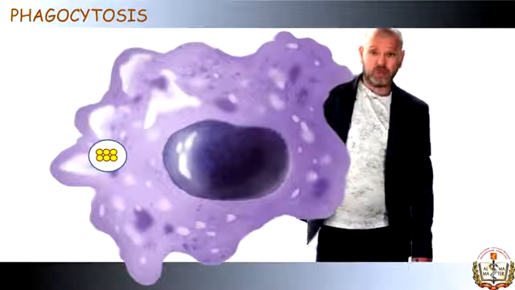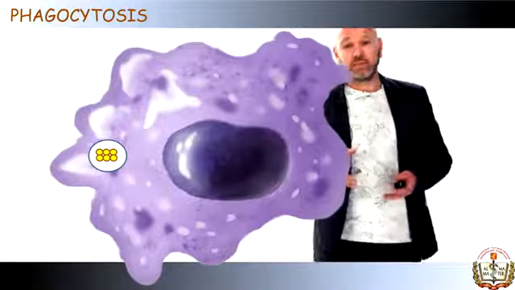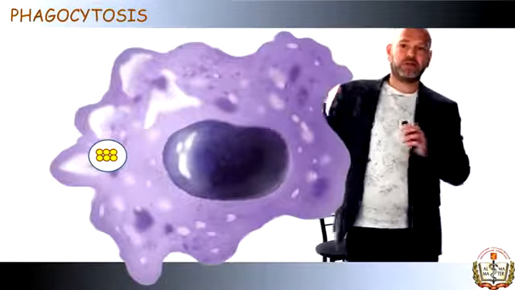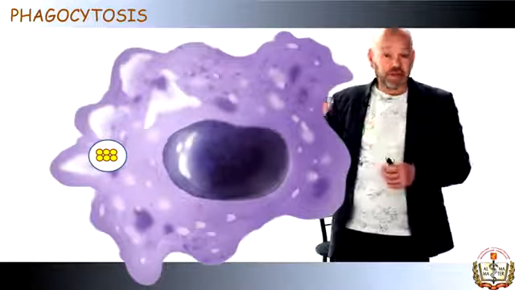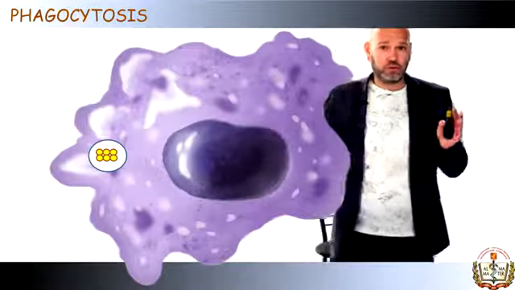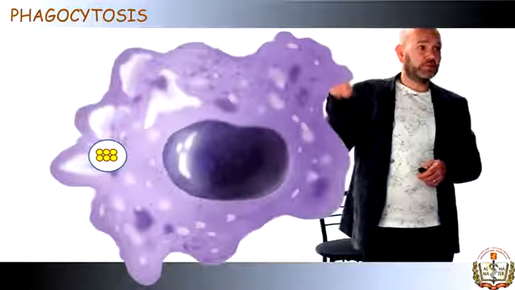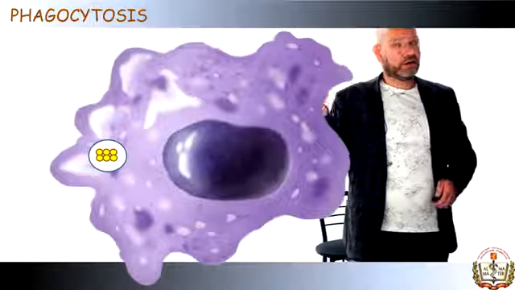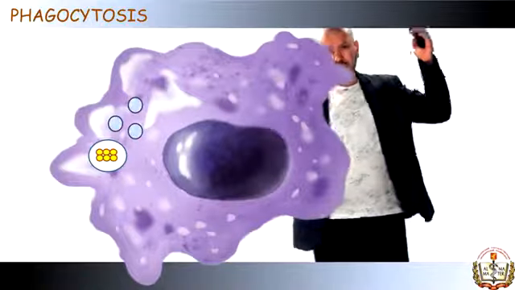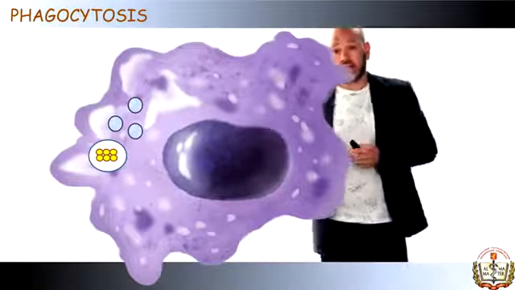But to destroy that thing, of course, the macrophage needs lytic enzymes. And those enzymes are so active that in a free state, if they just swam in the cytoplasm, they would destroy the host cell. And the macrophage, of course, does not want to die. To remain alive, those enzymes are trapped in a specific vacuole as well. That vacuole is named a lysosome. Lysosomes are small vacuoles that contain a lot of enzymes.